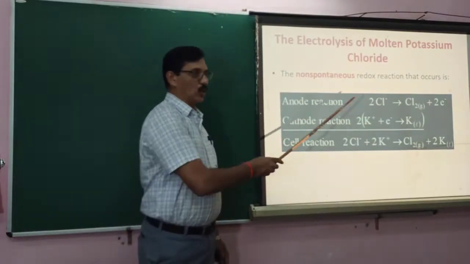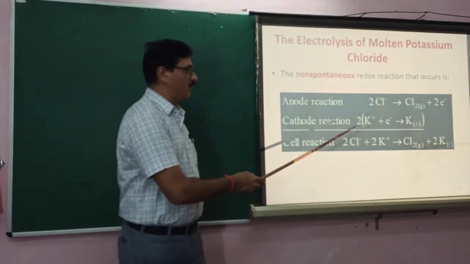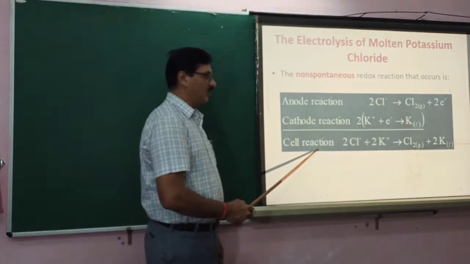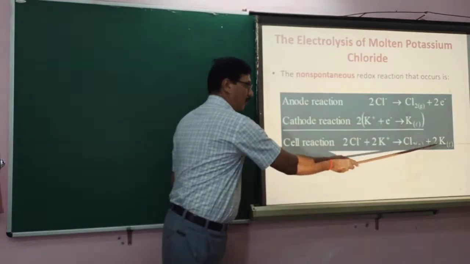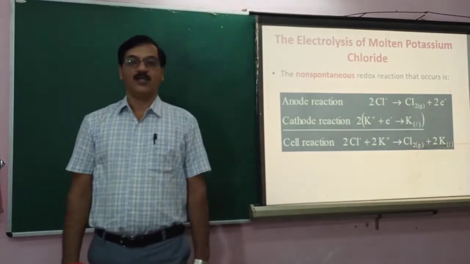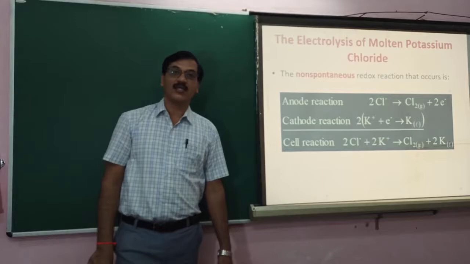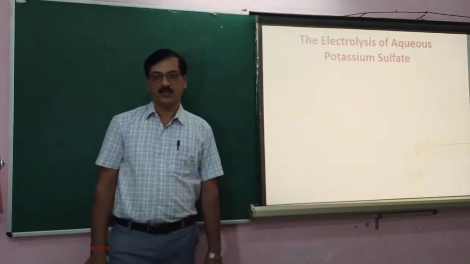At the anode, chloride is oxidized, and at the cathode, potassium is formed, and the overall reaction gives chlorine and potassium. This is a non-spontaneous reaction that occurs when electrical current is passed through the molten potassium chloride. Right?